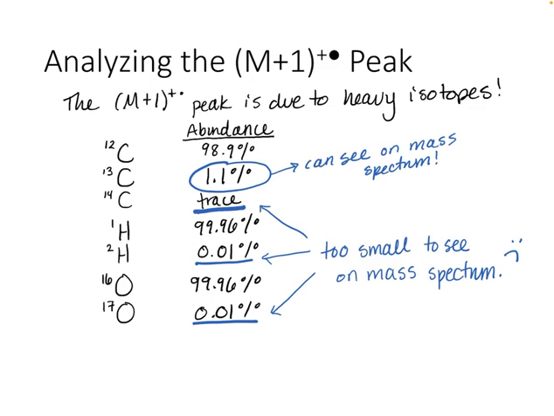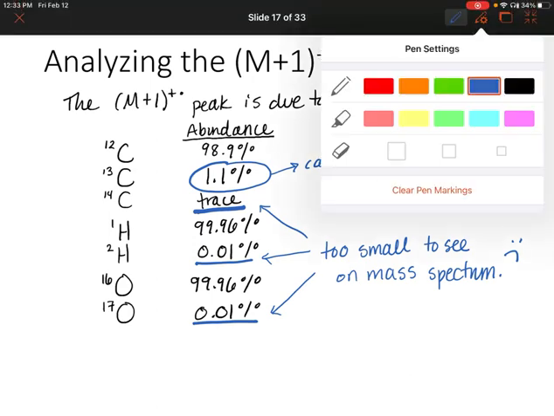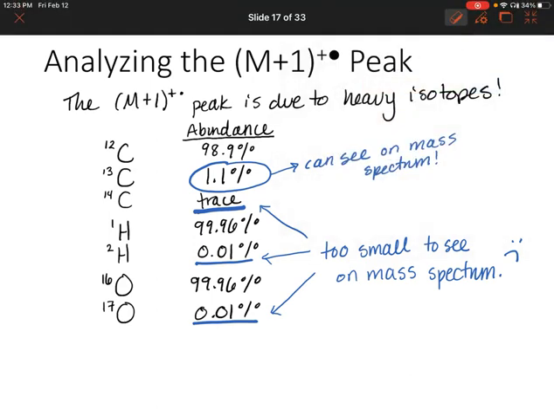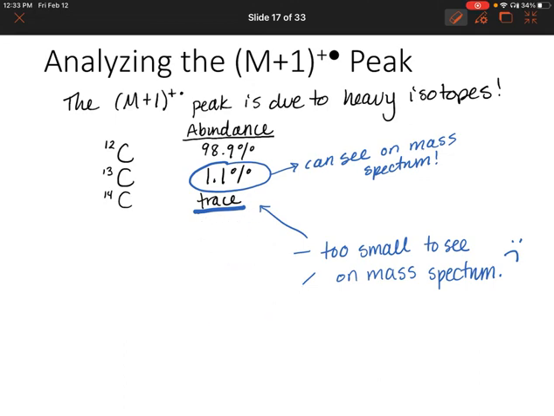Sad face. Okay. So one advantage to carbon-13 is because we can see it on a mass spectrum, we can actually use it to figure out how many carbons we have in our compound. So I'm actually going to erase these other isotopes here so I can show you how we can use carbon-13 to our advantage.